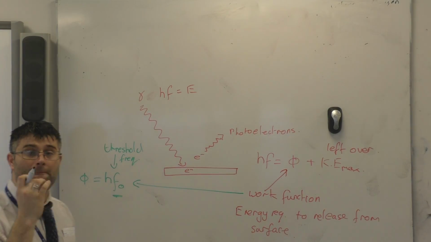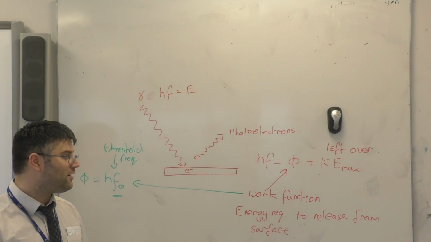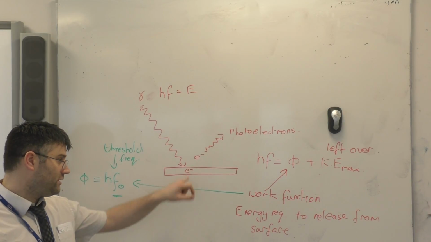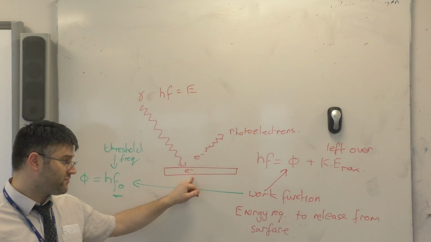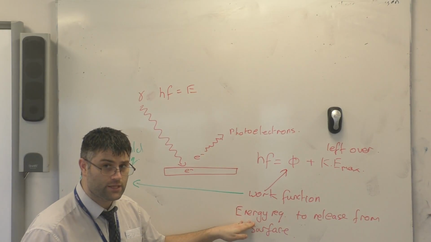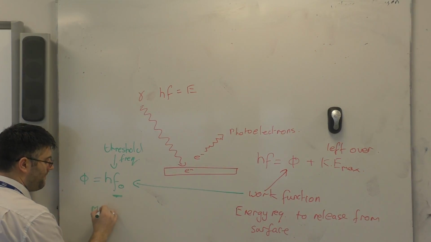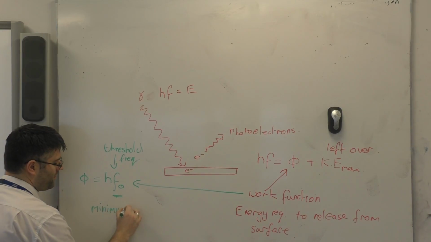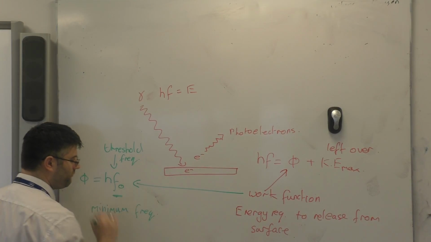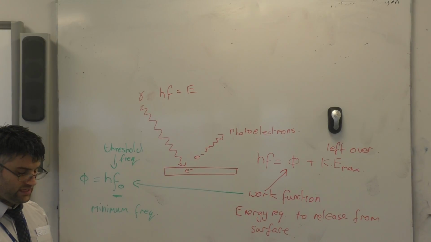It is the minimum frequency of a photon that allows an electron to be released from the surface of the material. So the work function is the minimum energy required, and the threshold frequency is the minimum frequency required to release it from the surface of that material.